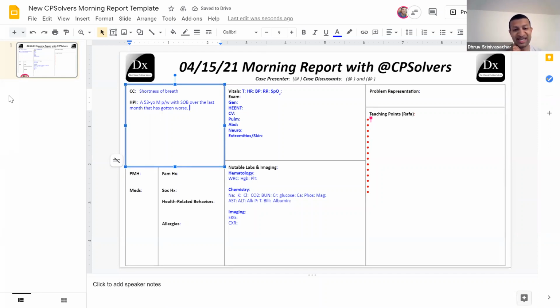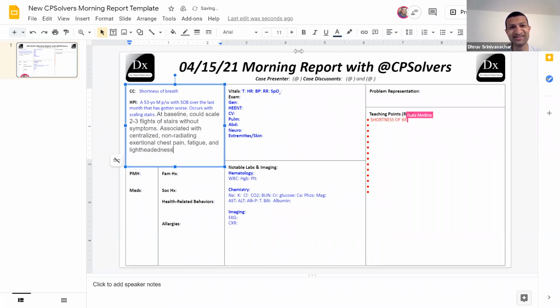But now he is only able to scale 1 flight of stairs before he gets out of breath. And in addition to this shortness of breath, he also has chest pain that is central, non-radiating, and exertional, fatigue, and lightheadedness. And I am going to leave it there for now.